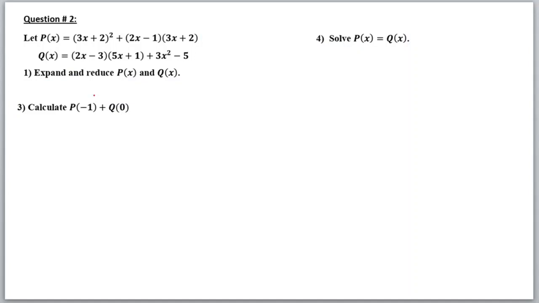How could you solve? First, let me find p of minus 1. We should replace x by minus 1. So 3 times minus 1 minus 3 plus 2 squared plus 2 times minus 1, it is minus 2, then minus 1 multiplied by 3x plus 2, so 3 times minus 1 minus 3 plus 2. We're just substituting x by minus 1.